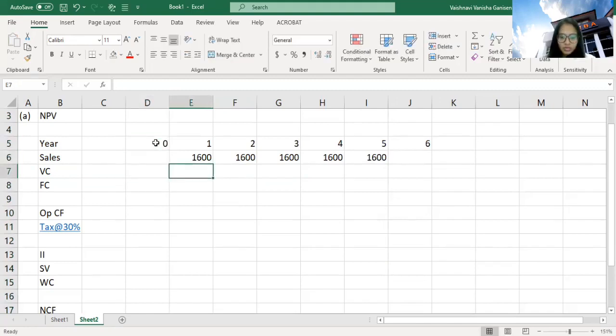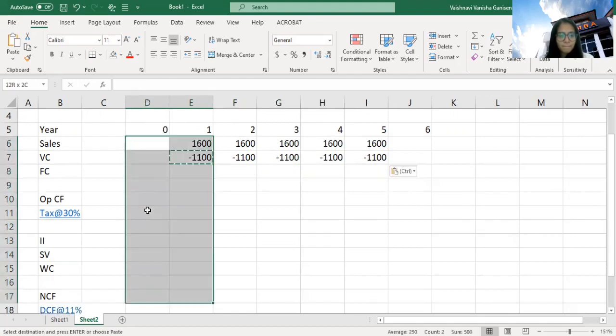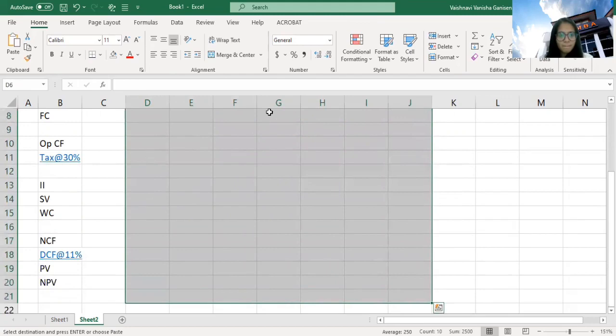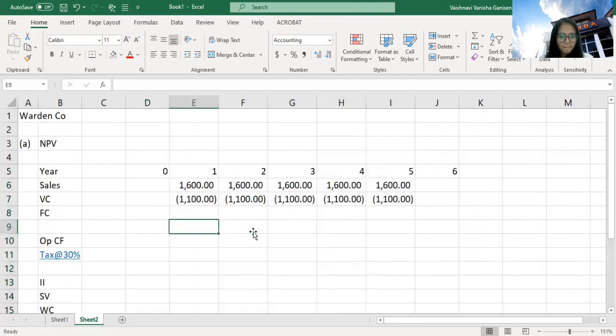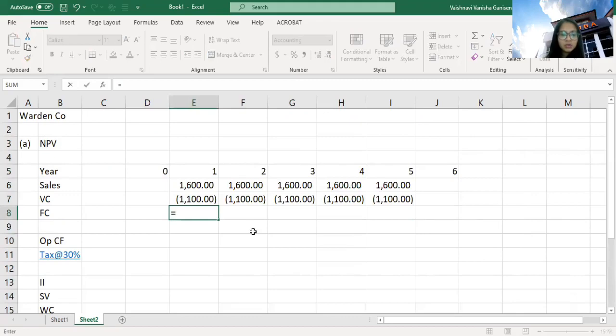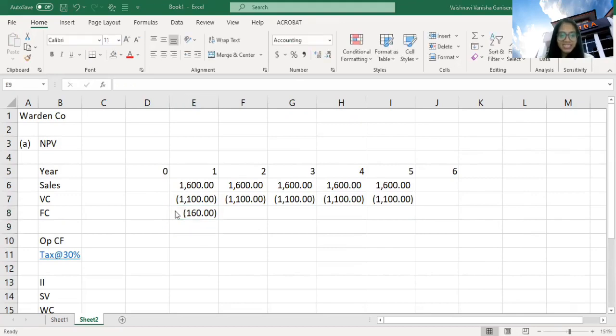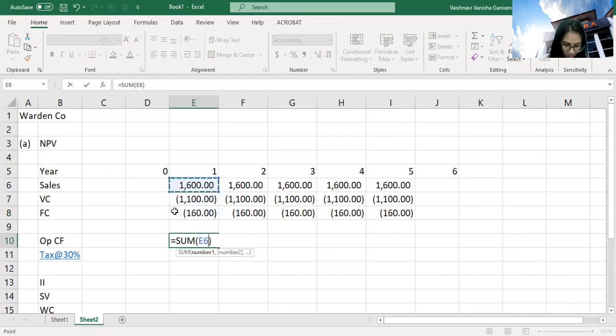Now, your variable cost is $11, so 11 multiply 100,000. Your fixed cost is equal to $160,000 per year. Okay, so please remember to put the negative, copy, paste. Now, operating cash flow, you total up everything.